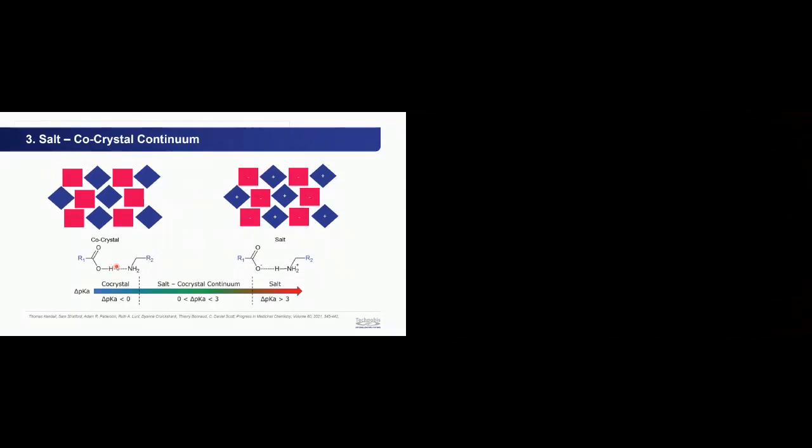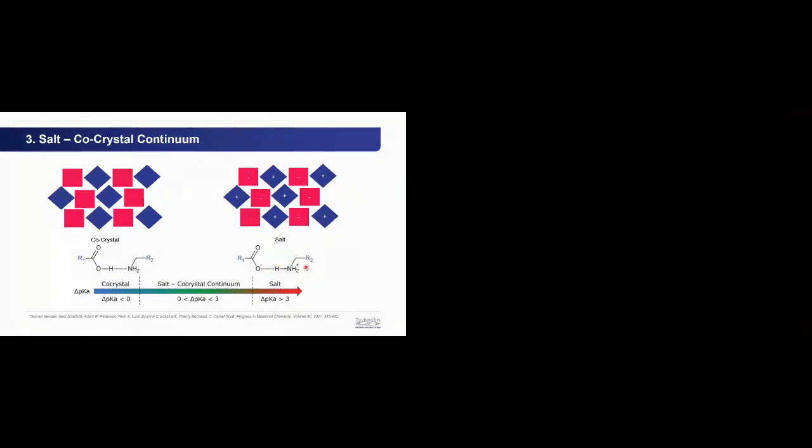So if you have a case where the hydrogen is not transferred, you start with this. You then have hydrogen bonding being the bonding motif, and that allows for the co-crystal to be formed. If you're then operating where the proton has been transferred, you're now beginning to have ionic bonding occurring, and then you start to form salts.